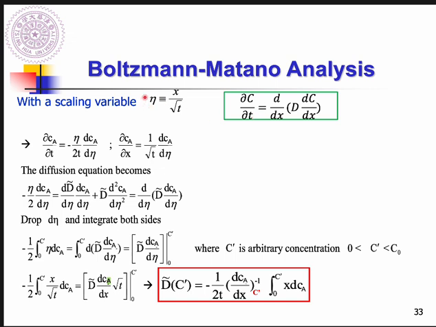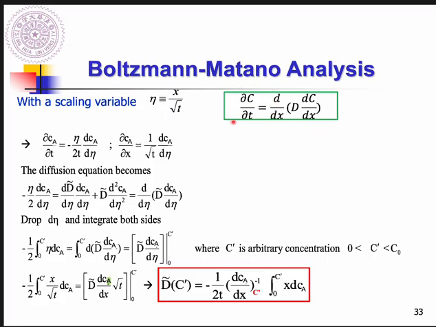Because we introduced the variable iota, on your left-hand side our final goal is to convert partial c partial t to partial c partial iota, and also partial c partial x. I also want to get partial c partial iota. So everything will be converted to partial with iota. This is our final goal.